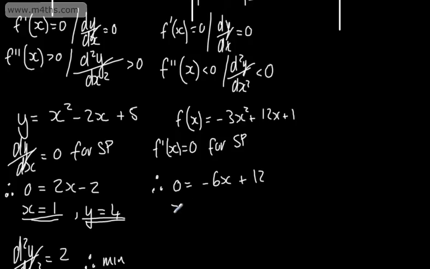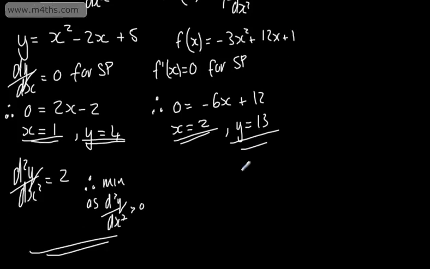So from this, the x-coordinate is going to be positive 2. If I wanted the y-coordinate, I'd simply substitute in. So what's that going to give me? 12, 13? A quick guess. I'll let you check that. I've just subbed that in mentally. That's going to be negative 12 plus 24, which is 12, plus 1. I'm hoping that's right.